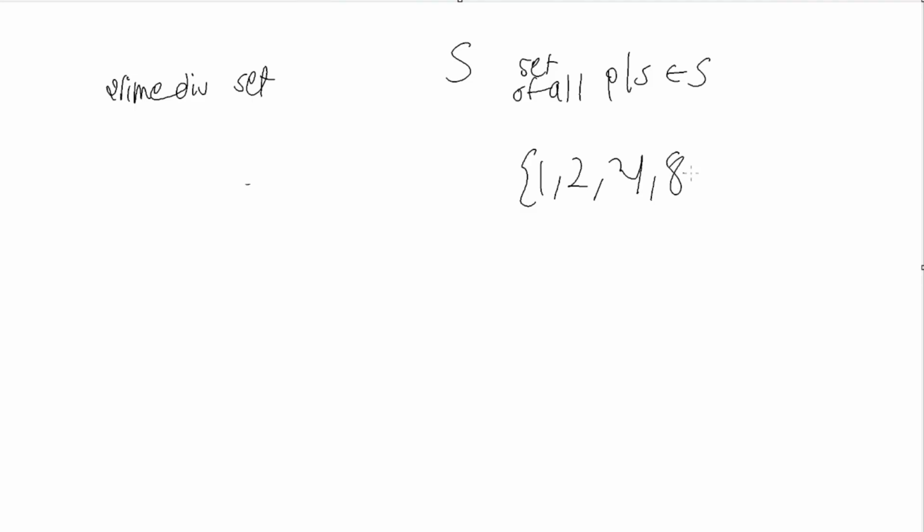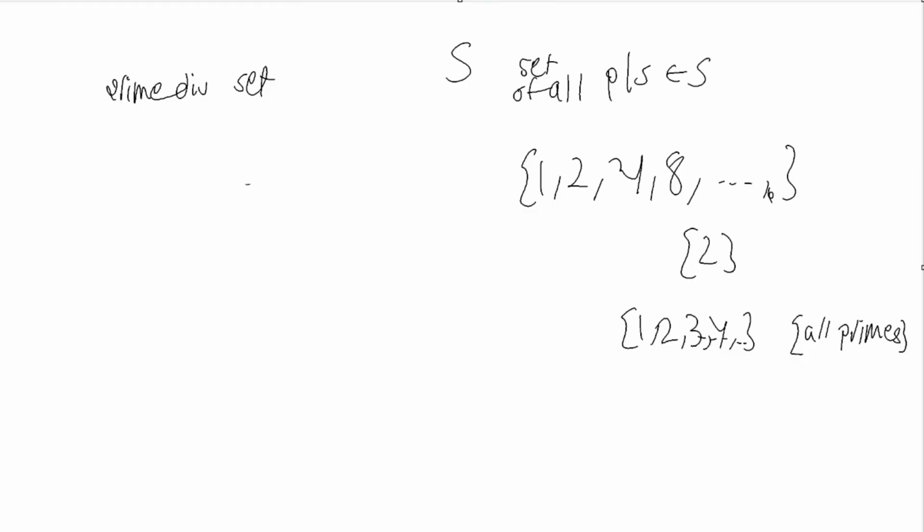So the prime divisor set is, if you have a set S, the set of all primes P such that P divides some number inside the set S. For example, if you have the powers of 2, 1, 2, 4, 8, and so on and so forth, then the prime divisor set is just 2. While if you have 1, 2, 3, 4, all the way to infinity, then the prime divisor set of this is just all primes and is infinite.